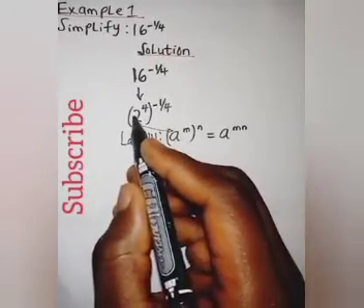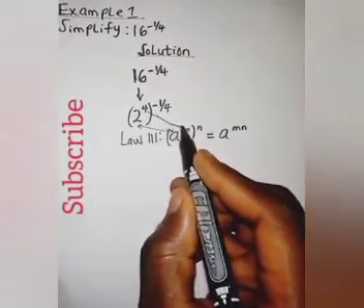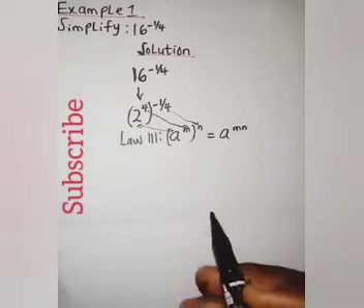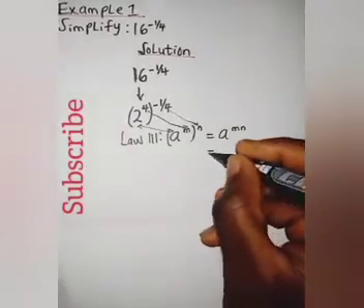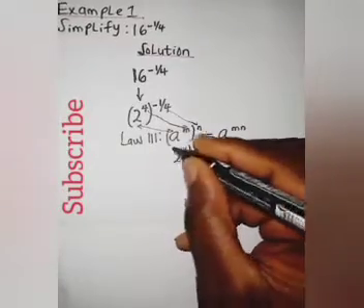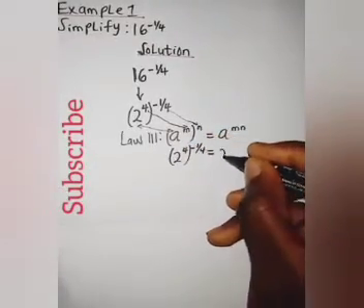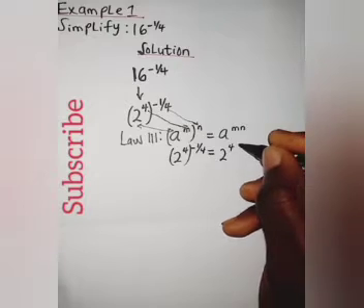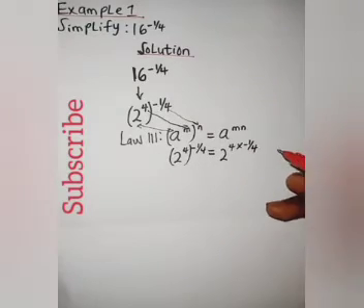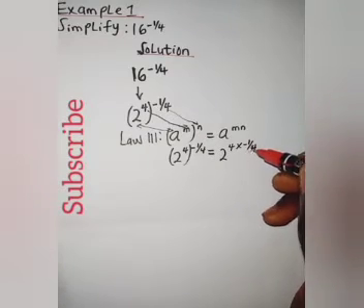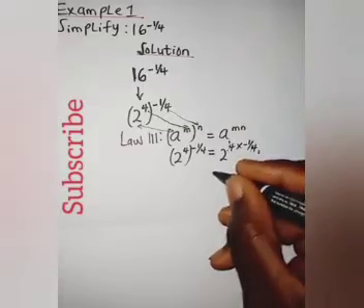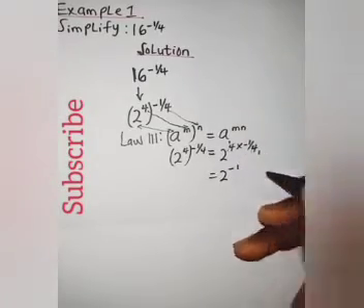Here is 2, 4 here is m, and n here is -1/4. So I can apply that: I have 2 to the power of 4 multiplied by -1/4. The 4 cancels the other 4 out, and that's 1. We have 2 to the power of -1.